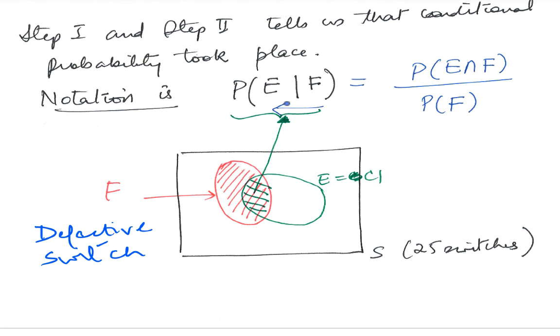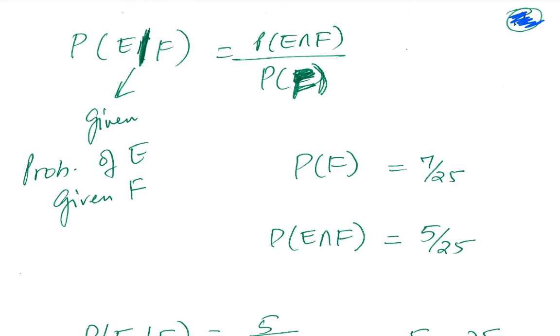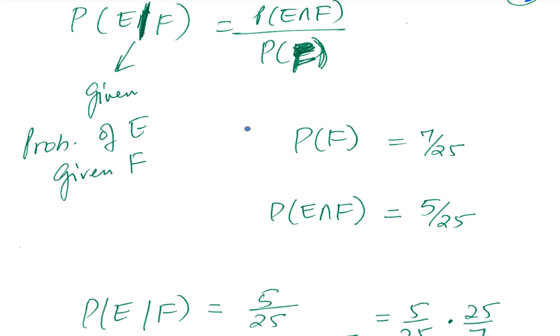If we apply the theory we have learned, the probability of E given F is the probability of E intersection F divided by the probability of F. So let's plug in the numbers. What is the probability of F, a defective switch? It is 7 over 25.